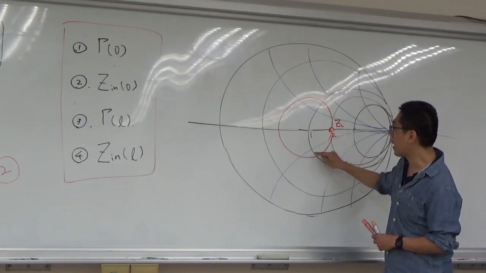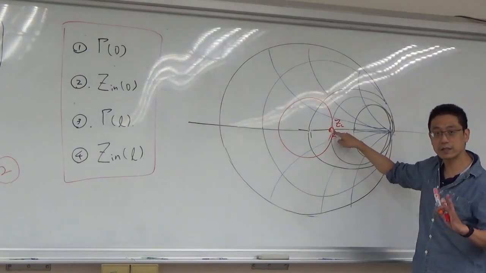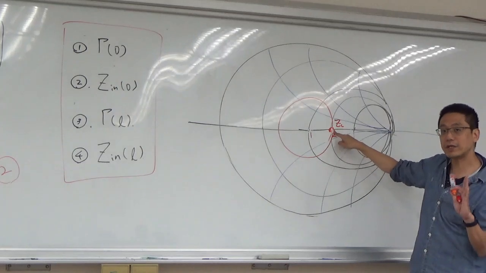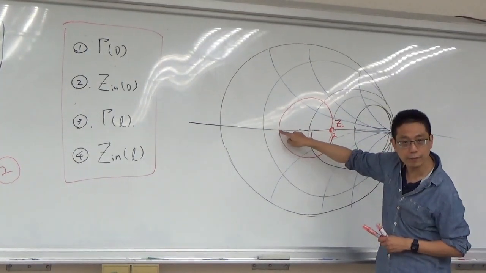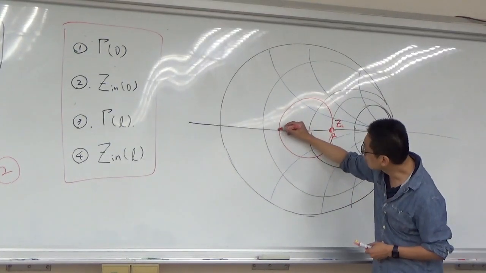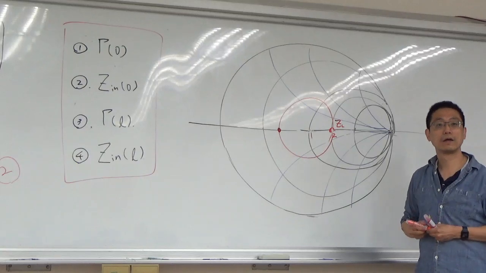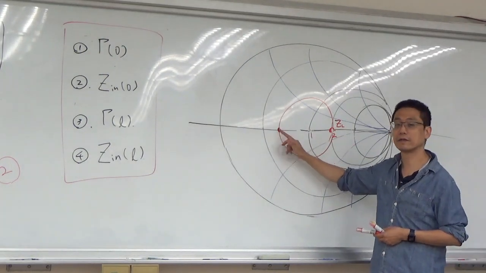If you come back to here, it is half wavelength. Which means if you go to the half circle, this is a quarter wavelength. Okay? This is a quarter wavelength.